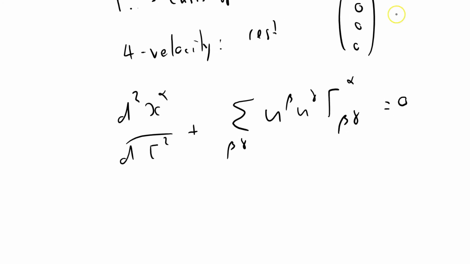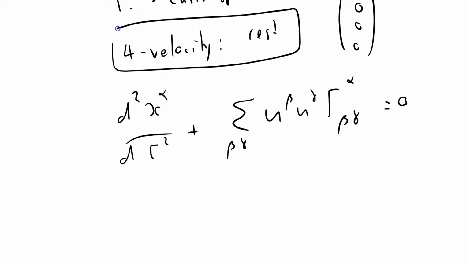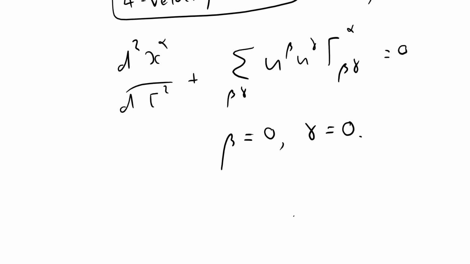But if we specify that the particle's at rest, then we know that u is this 1 0 0 0. So because it's at rest, beta equals 0 and gamma equals 0, because if either of them is not equal to 0, we're multiplying by one of these zeros and we've got no contribution.